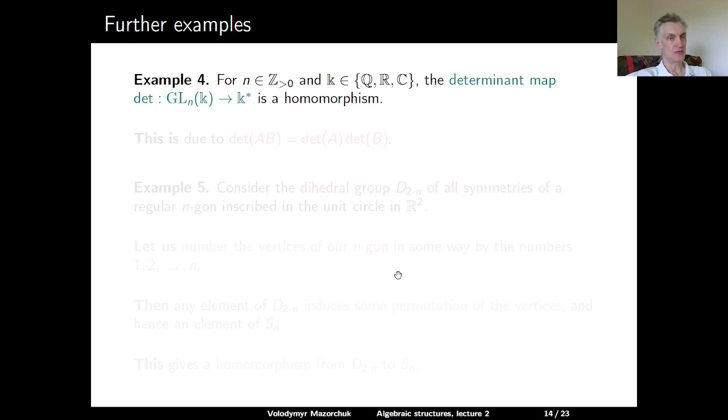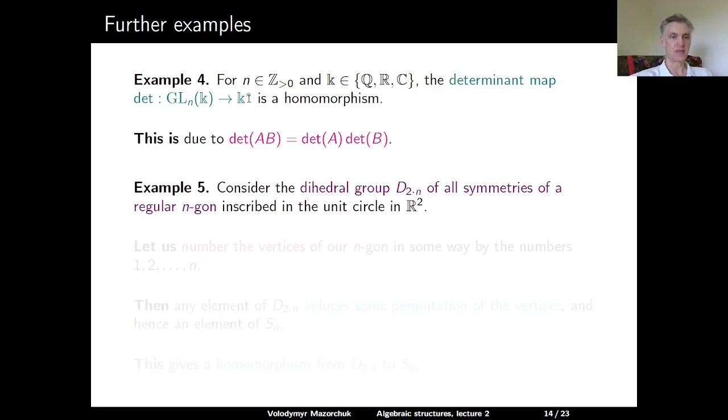And the outcome, the determinant of an invertible matrix, is a non-zero number in our set of numbers. So it's K star, and it's a group with respect to multiplication. And this is, of course, true because the determinant of the product AB is equal to the product of the determinant of A and the determinant of B. That's a usual identity for determinants.